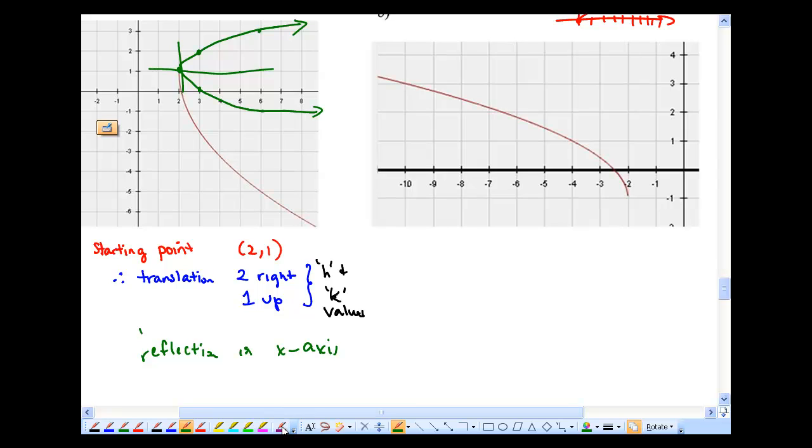Now, the final thing is, is this a vertical stretch or horizontal stretch? And the question is, how do you know? Well, look at the comparisons. You see how this height here is 1, where this one is now 3. Let's see if that's true for my next key point.